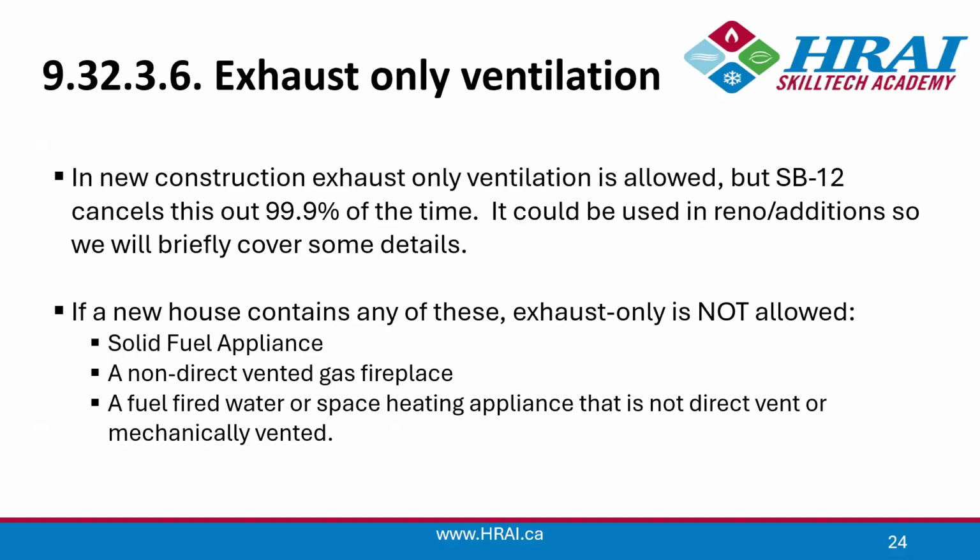But because we've got an energy efficiency piece of the code, the SB12 component, of course, it eliminates exhaust only ventilation virtually by stating that you need an HRV with a specified efficiency. Because we're harmonizing with NBC 2020, other provinces, some of them do still allow exhaust only ventilation.